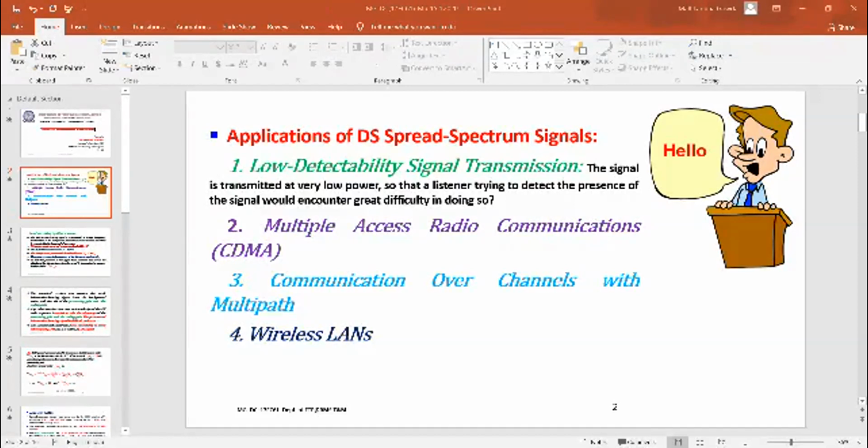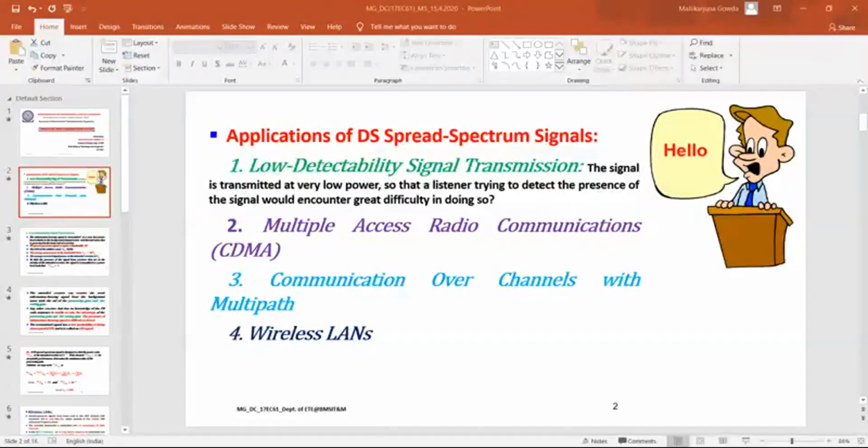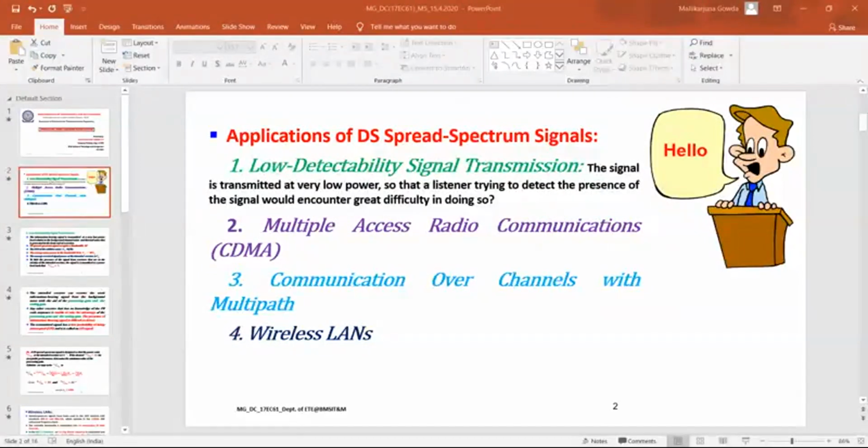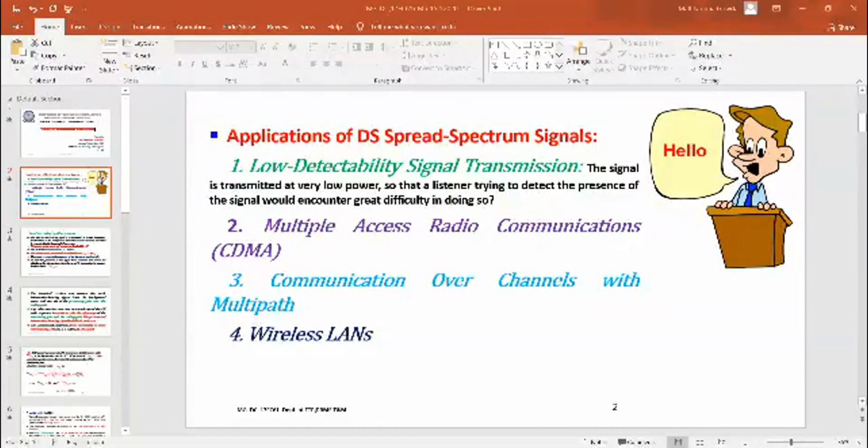The unwanted or unintended listener will find it very difficult to detect the presence of the signal. As I said, the information bearing signal will be transmitted with low power, and the unintended listener, if trying to detect the presence of that signal, will not be able to detect it.